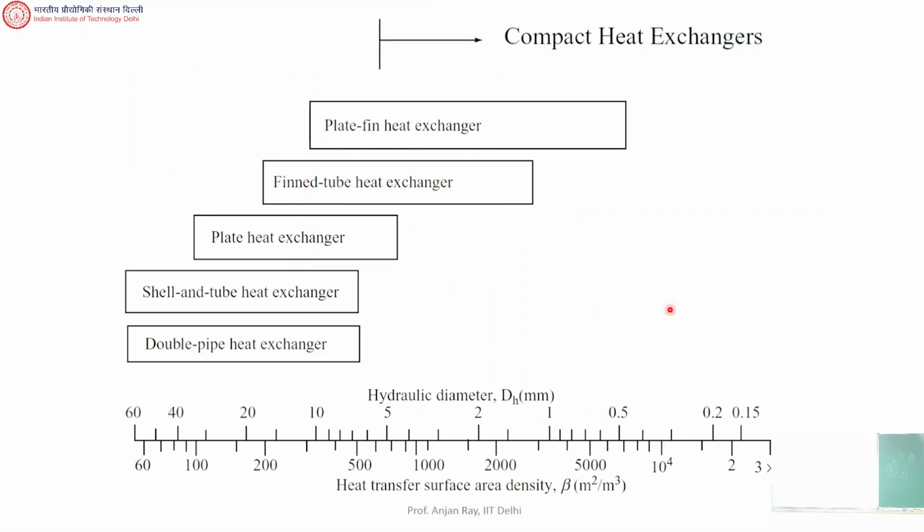So this is a bar graph sort of thing which you have seen before. So the fin tube heat exchanger becomes, see, this compact heat exchanger is at about 700, as I was saying. Okay. And some fin tube heat exchangers are compact, some are not.